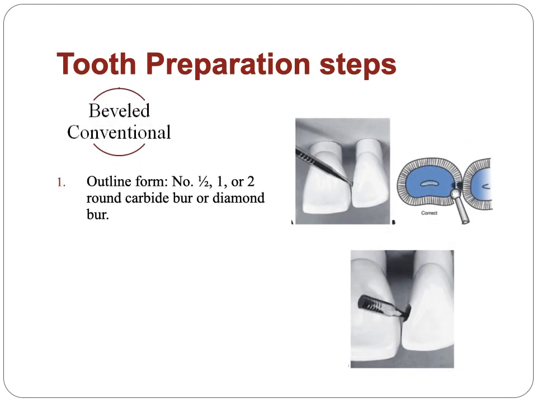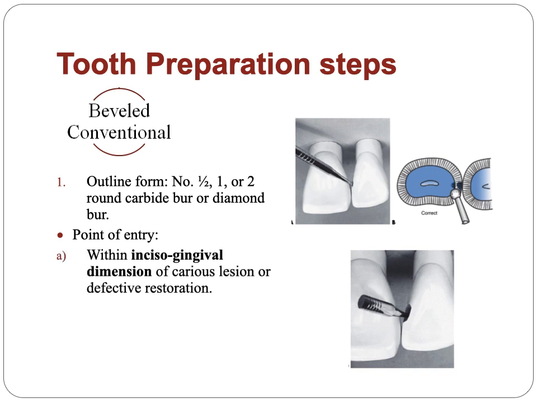Now the outline form, we start with any size round bur, either carbide or diamond. Usually the point of entry should be within the incisal-gingival dimension of the caries lesion or defective restoration. As you know, in the proximal area, usually the caries starts underneath the contact area and extends gingivally toward the embrasure area. So in this area, you should start your entry to the dental caries.